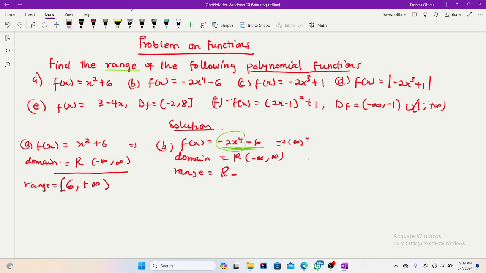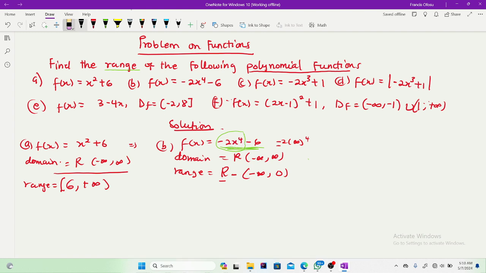And when you talk about a range which is R minus, R minus is simply starting from negative infinity, and the maximum it can go is 0. But with this particular function, the maximum it can take should be negative 6, because assuming that this whole side turns 0, then our 6 here will be the maximum negative number this will attain.